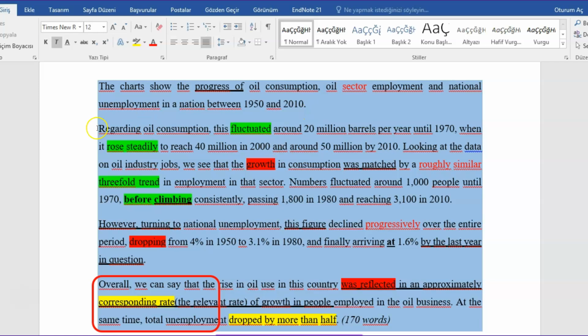Okay, regarding oil consumption, that's important. Regarding oil consumption, these are academic phrases. Regarding oil consumption, this fluctuated around 20 million barrels per year until 1970.